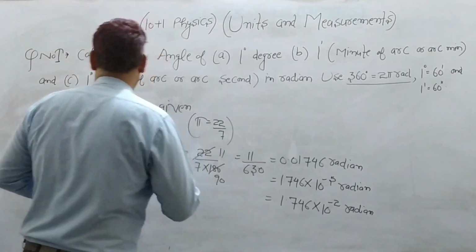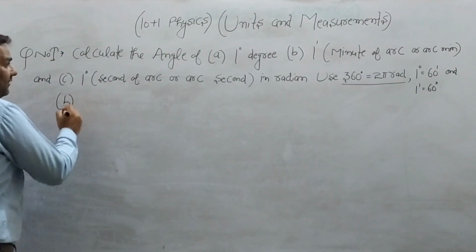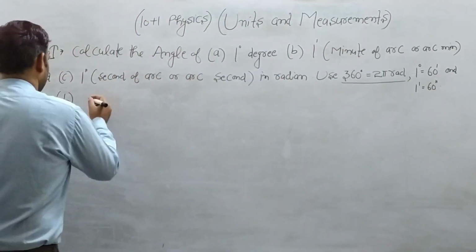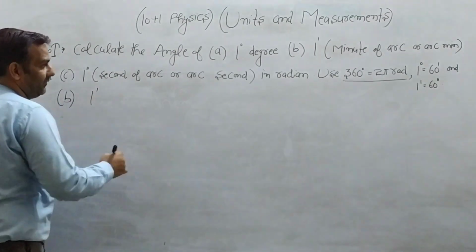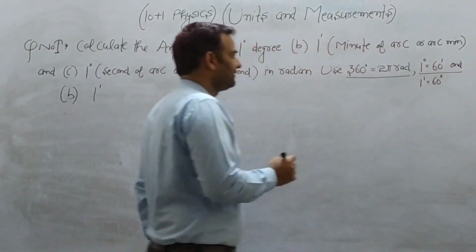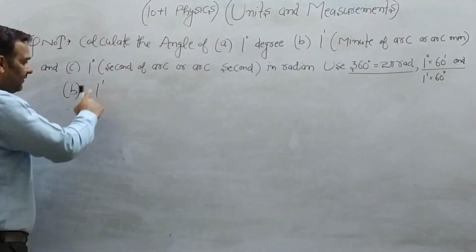In the second part, we have been given 1 minute. Now we have to use this: 1 degree is equal to 60 minutes. It is read as 1 minute.